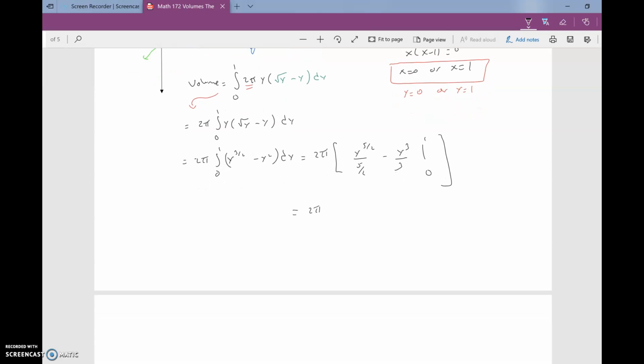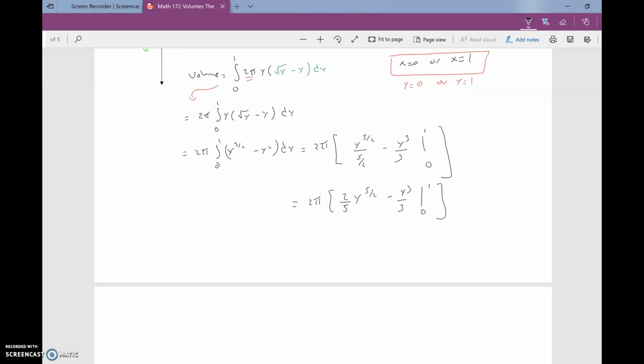So this one will be 2 pi times 2/5 y to the 5 halves minus y to the third over 3, from 0 to 1. And then just evaluating from 0 to 1, you're going to end up with 2 pi times 2/5 times 1 to the 5 halves minus 1 to the third divided by 3, minus 0.